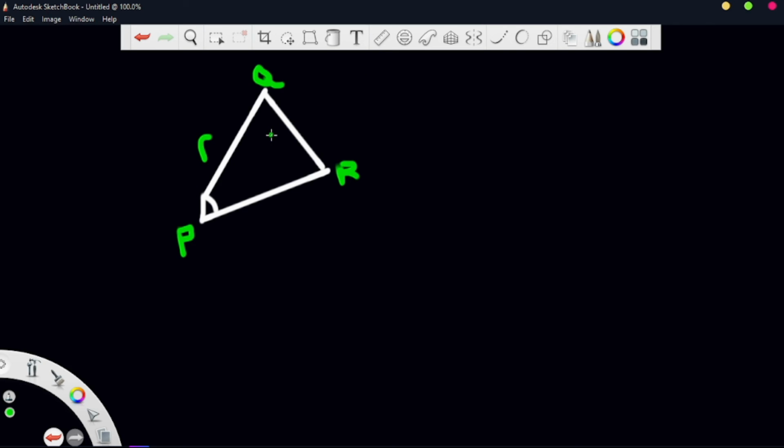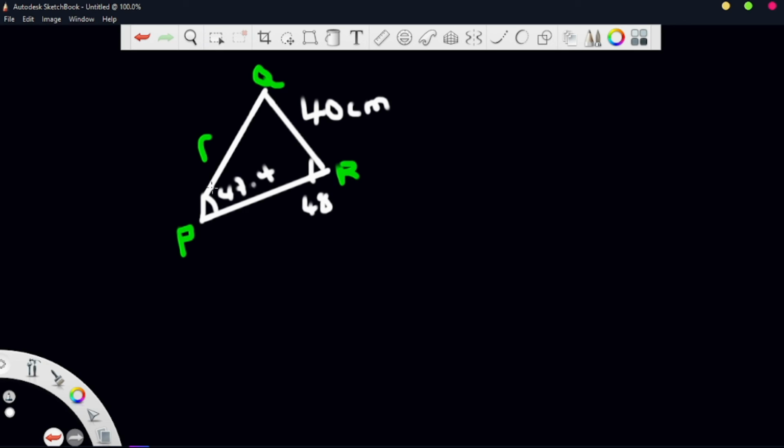But here we've been given a figure, 40 centimeters, and then we've been given an interior angle 47.4, and then we've also been given this angle 48.